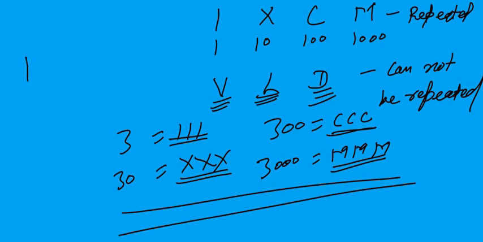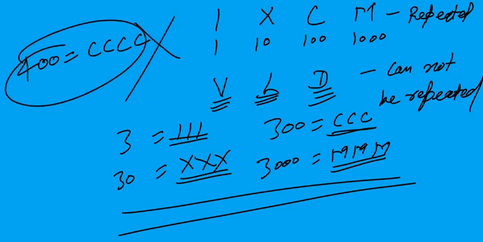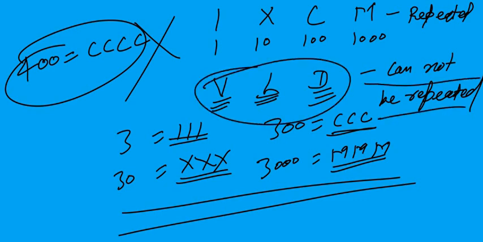If you want to write 400, we cannot write CCCC. This is 100% wrong. This one will be incorrect. So we cannot repeat more than 3 times. So this is our second rule. And which symbols will not be repeated? V, L and D cannot be repeated.